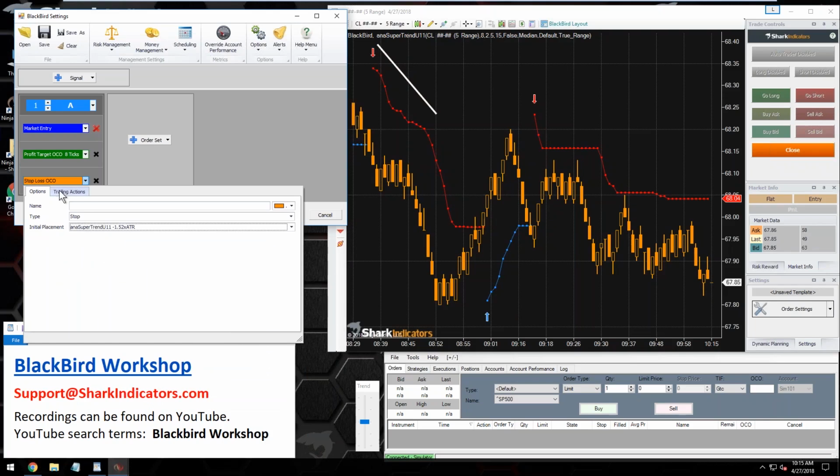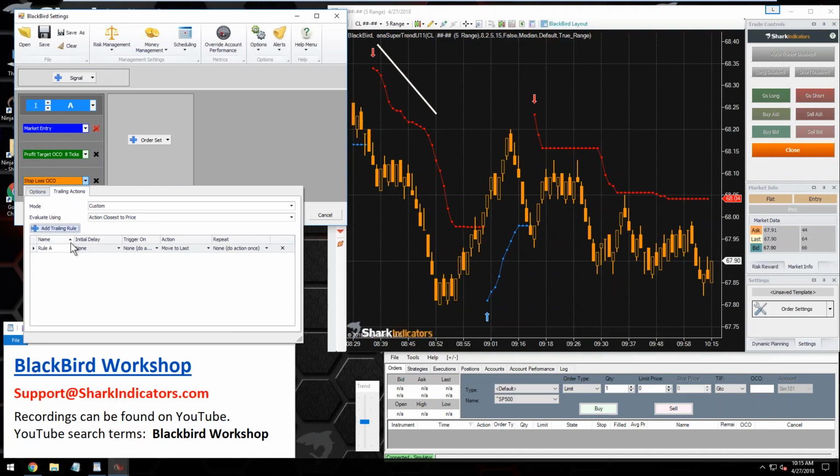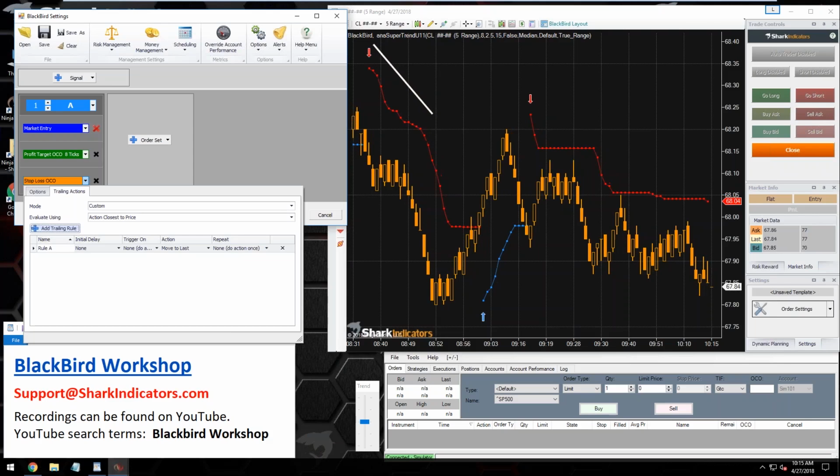So we will now need to go into the trailing actions, and let's set this to custom. You can see that kind of turns it on. And let's add a trailing rule. Oh yeah, here we go. Sorry. So the original question was, after price goes 2 points in profit, or 2 points in your favor, for example on the ES, then trail, so then you want to add the 1.25 ATR.